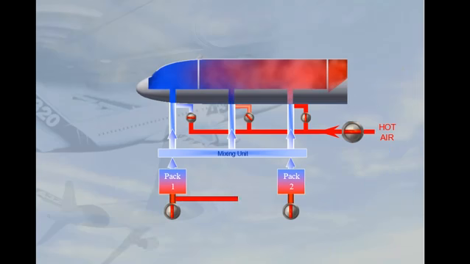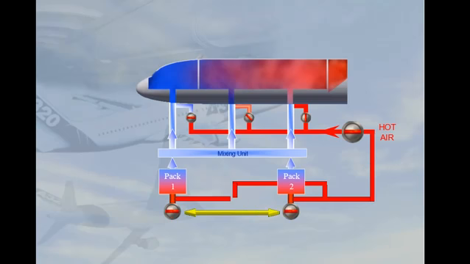The hot bleed air is supplied to the hot air valve downstream of the pack flow valves. This means that if the pack flow valves are closed, there is no air supplied to the trim system. The hot air valve and the trim air valves will automatically close.